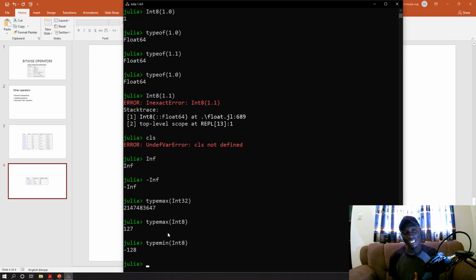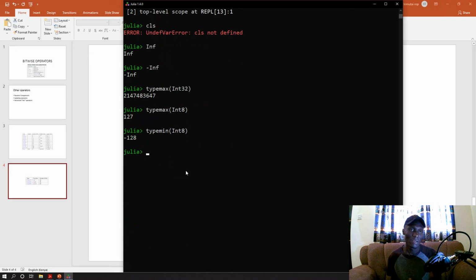So just in case you want to know the maximum and minimum, it does not work only on integers. Obviously, you can check for floats again, like Float32, for instance, the maximum and minimum. You see, so guys, 32-bit and 64-bit numbers stretch very fast.